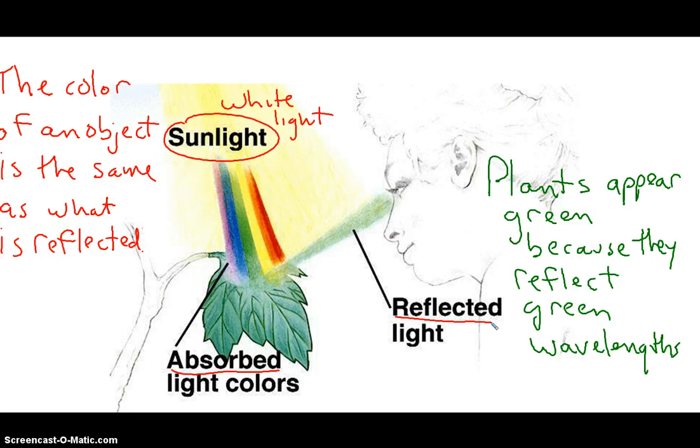So if someone is wearing a red shirt, it's absorbing all wavelengths except for red. If someone's wearing a blue shirt, they're absorbing all the wavelengths except for blue, which gets reflected. So plants, which predominantly appear to us green, appear green because they're reflecting green wavelengths, just as this picture shows with the green being reflected to this person's eyes.